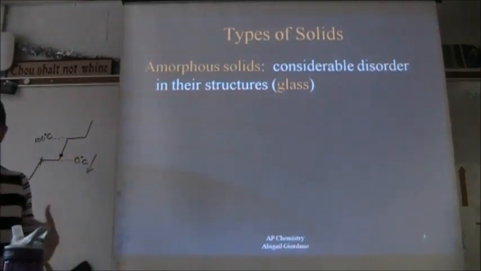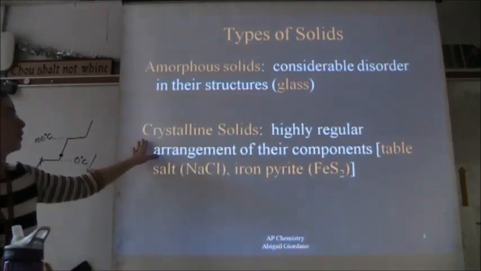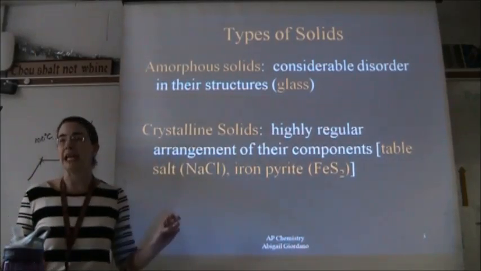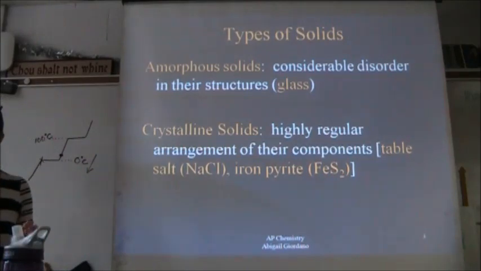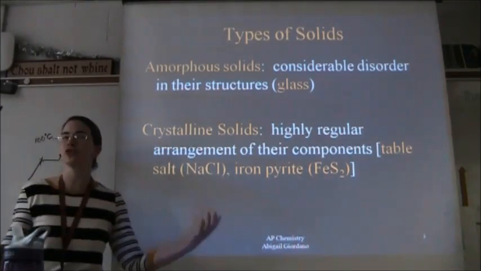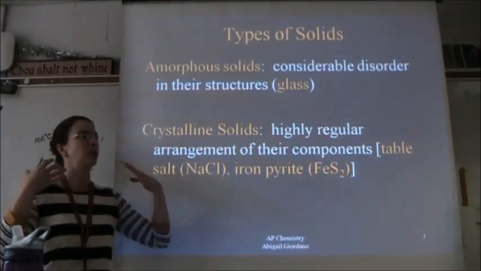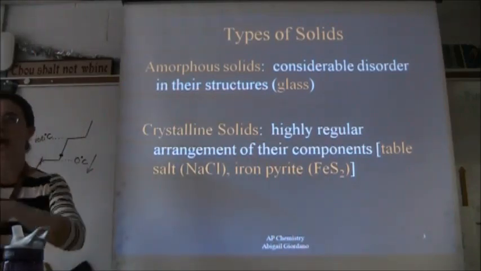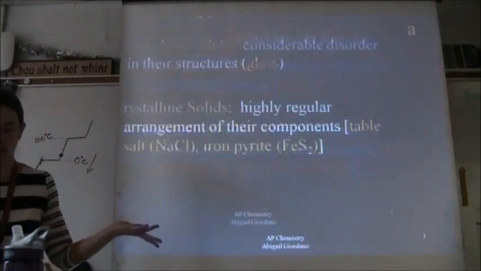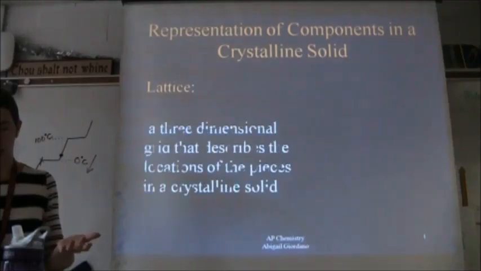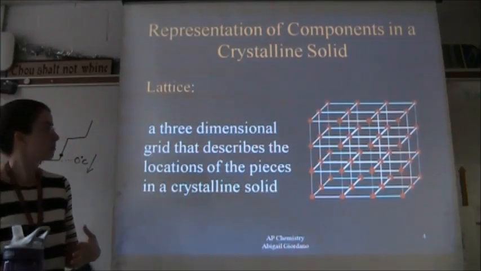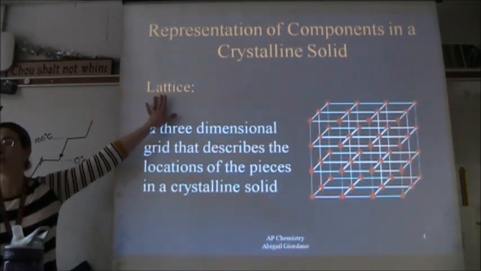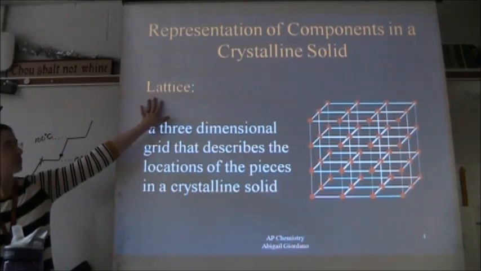Most solids, however, guys, do have structure, and those are called crystalline solids. They have some sort of structure, some sort of repeating pattern to how they are put together, like that. Okay, we've seen that word before, lattice.